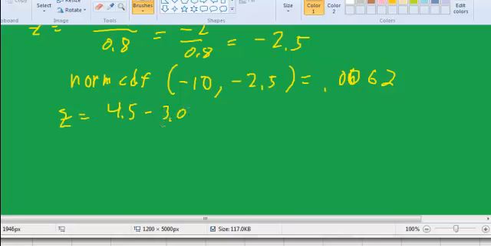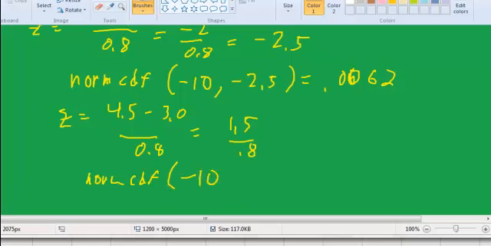Again we're interested in the percentage of time that we get less than or equal to 4.5 inches, so we do norm CDF from, again, negative 10, which is a big enough number, to 1.5 over 0.8, and we'll see what we get.